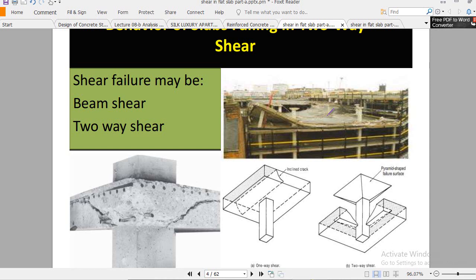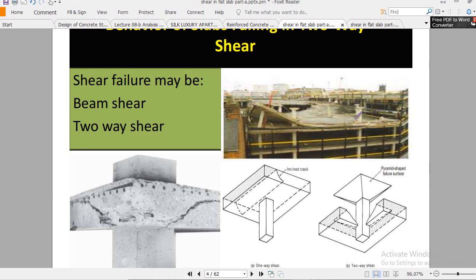And I was reading in a book, basically he says that there is a forgiveness. There is an amount of forgiveness if you make any mistake while calculating the reinforcement for flexure. Okay, because in flexure there is huge ductility in a structure and moment redistribution occurs, and the structure could not fail abruptly.